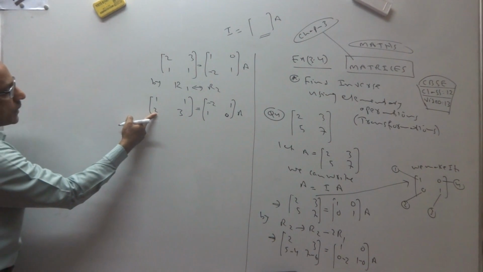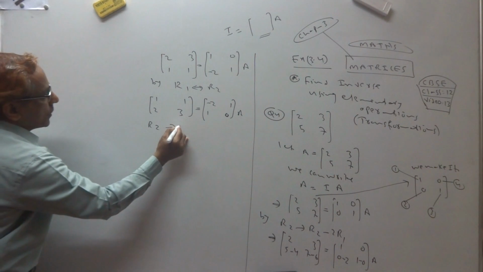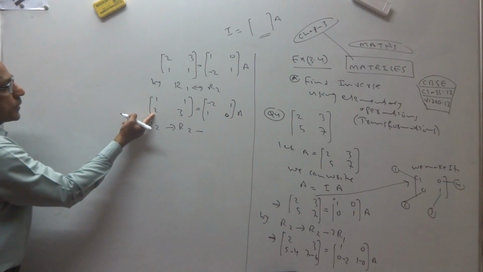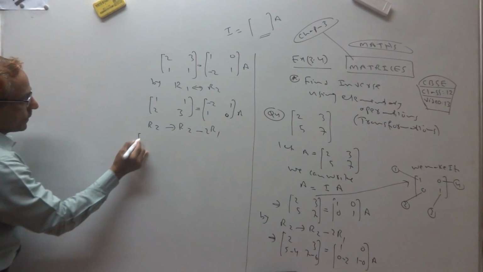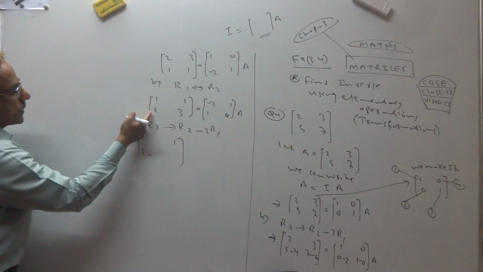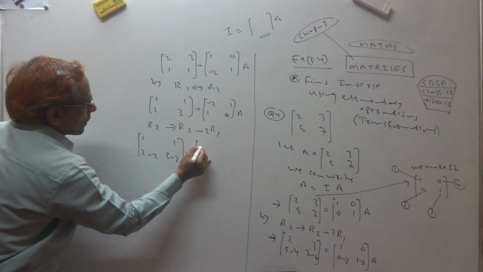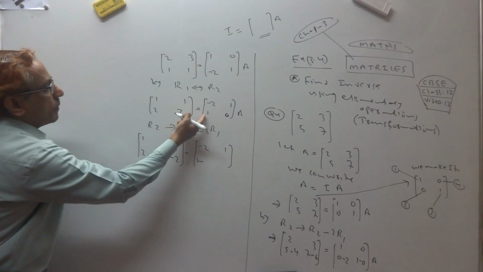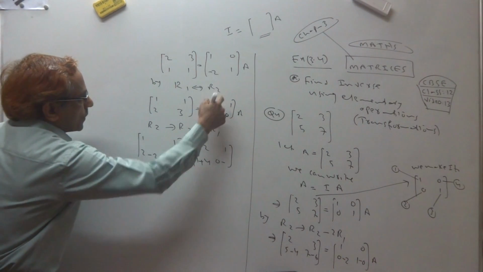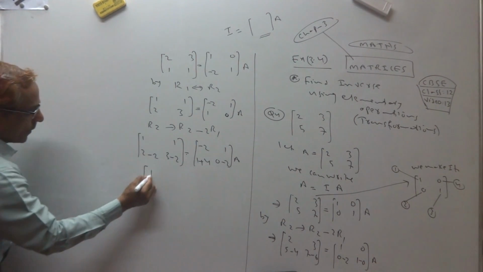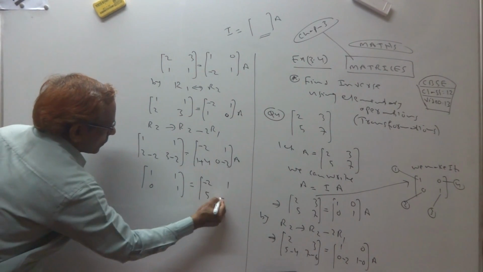How do I get 0 now? R2 gives R2 minus 2R1: 2 minus 2 ones is 0. So 3 minus 2 ones gives 1, and on the right 1 minus minus plus 2 twos is 5, 0 minus 2 ones is minus 2. We got 1, 0, 1, 1, and minus 2, 1, 5, 2.